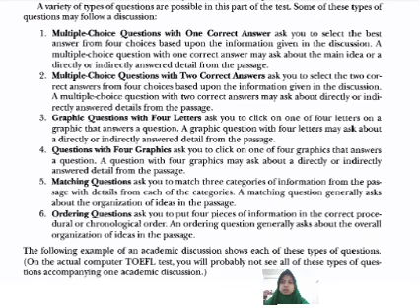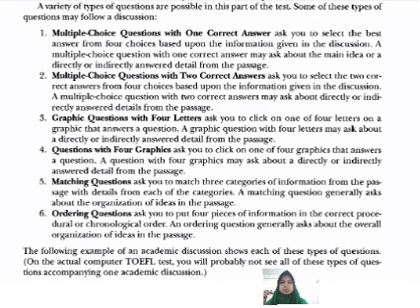First, multiple choice questions with one correct answer ask you to select the best answer from 4 choices based upon the information given in the discussion. A multiple choice question with one correct answer may ask about the main idea or directly or indirectly answered detail from the passage.